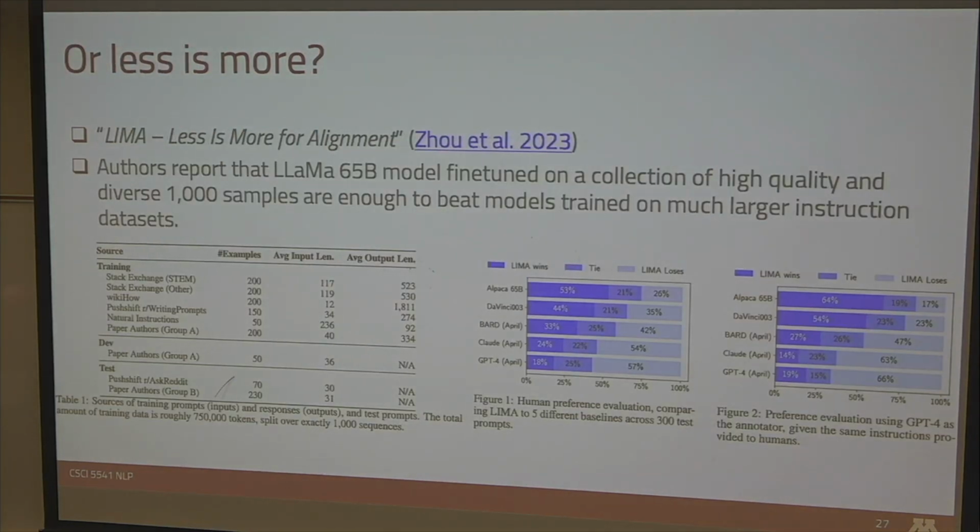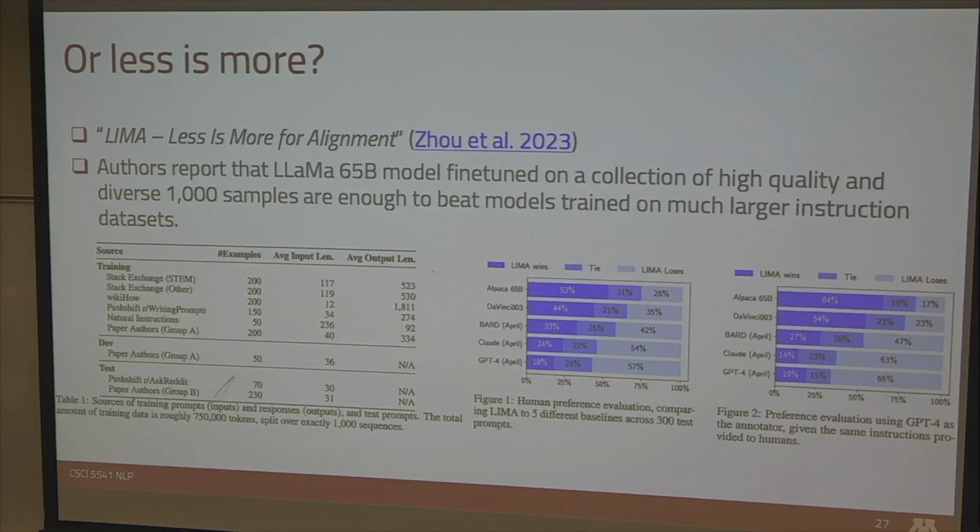But having said that, researchers at Meta found that quality over quantity is what matters. So in their paper, they report that if we manually inspect the instruction data samples so that we only retain the high quality ones, and as long as they're diverse enough, as few as just 1,000 samples are enough to beat the models that were trained on much larger instruction data sets.